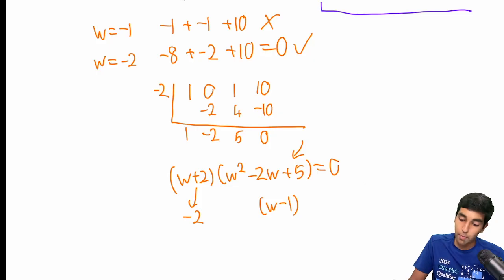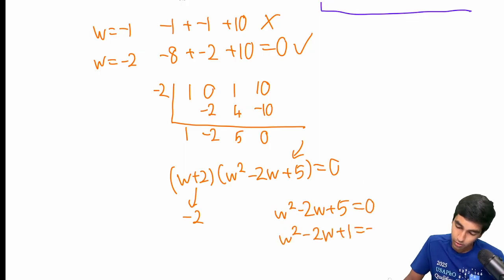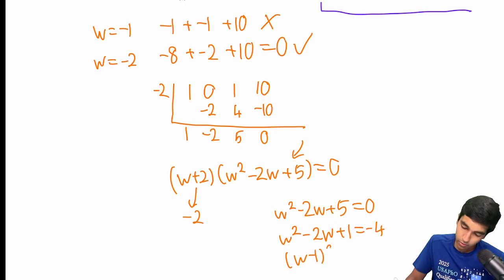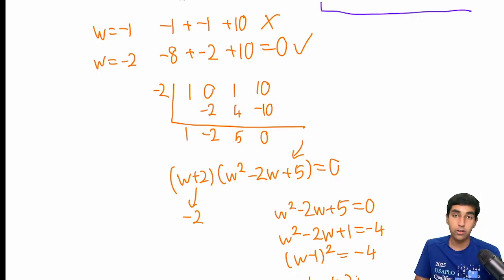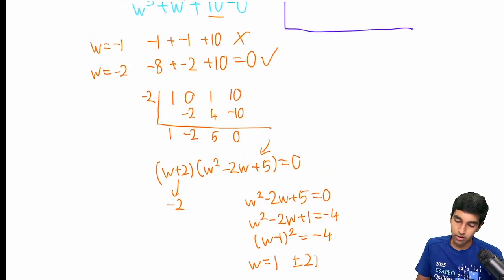So w squared minus 2w plus 5 equals 0. We can just say w squared minus 2w plus 1 equals minus 4, or w minus 1 squared equals minus 4, or w minus 1 equals plus or minus 2i, or w itself equals 1 plus or minus 2i.